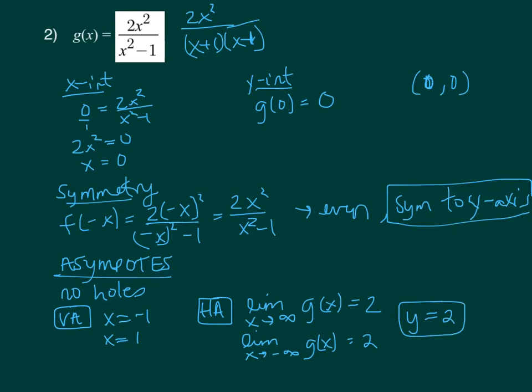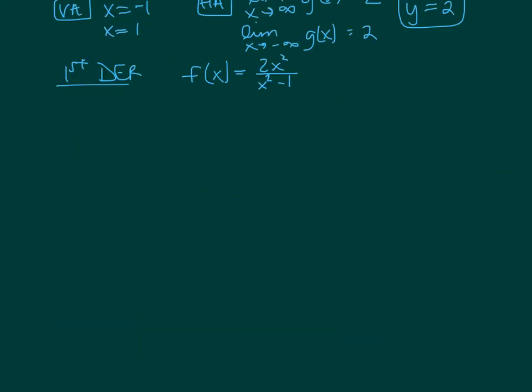All right, we're going to move on now to that first derivative. So we need to take the first derivative of the function. I recopied the function down for myself. Clearly it's a quotient, so I'm going to use the quotient rule. The first derivative is equal to low d high minus high d low all over low squared.